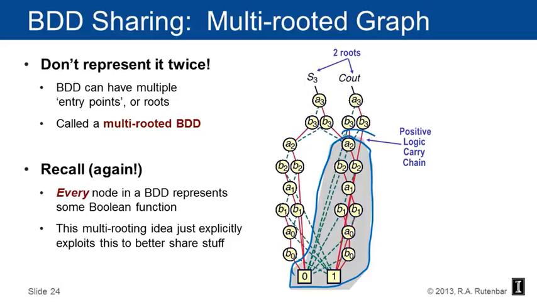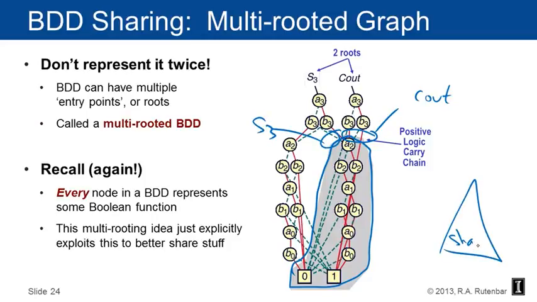I'm going to circle the parts of the carry out function that use it. And in addition, the sum 3 function gets to use it. And the way it gets to use it is that there's this shared BDD subfunction, and the carry out gets to send some edges pointing to it to use it, and the sum 3 gets to send some edges into it, getting to use it, and you just share it.